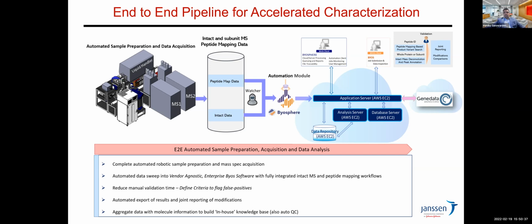Our current workflows include both peptide mapping and intact and subunit mass analysis. The results can be automatically exported and modifications can be jointly reported. Finally, data aggregation can be performed with molecular information with external programs such as Genedata.